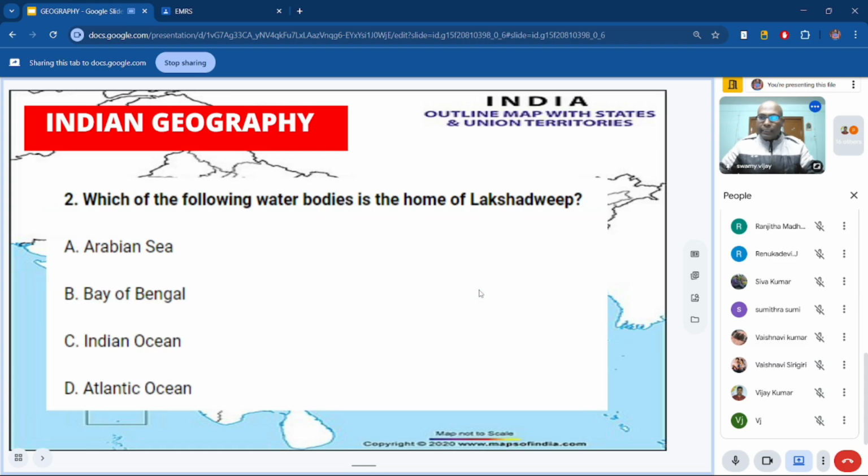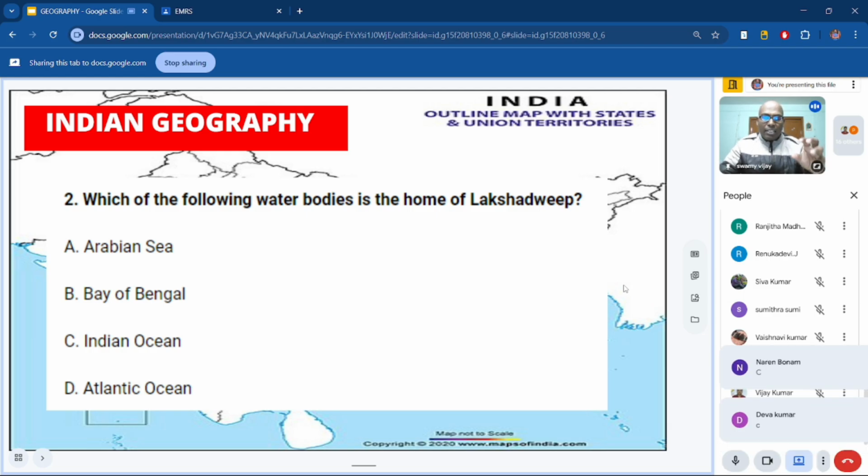Okay, then second question, Vijay Kumar sir. Which of the following water bodies is the home of Lakshadweep? Option A, Arabian Sea, B, Bay of Bengal, C, Indian Ocean, D, Atlantic Ocean. Right, start answering. Which of the following water bodies is the home of Lakshadweep?